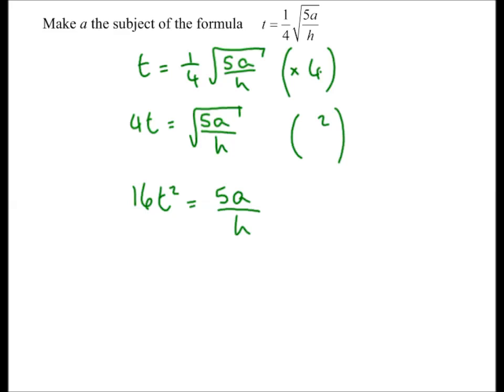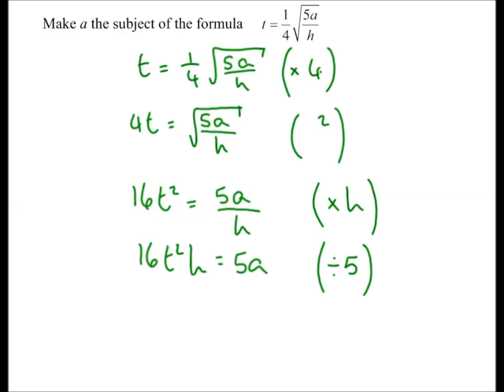And now the next thing I'm doing is I'm dividing by h, so I'm going to do the inverse of that, which is times by h. So that gives me 16t squared h equals 5a. Finally, I'm going to do the inverse of times by 5, which is divide by 5, and that gives me a equals 16t squared h over 5.